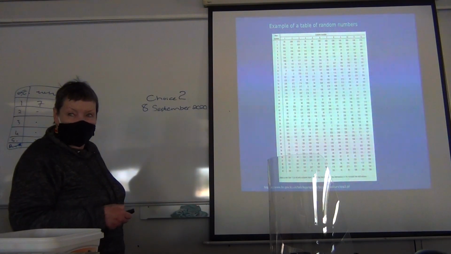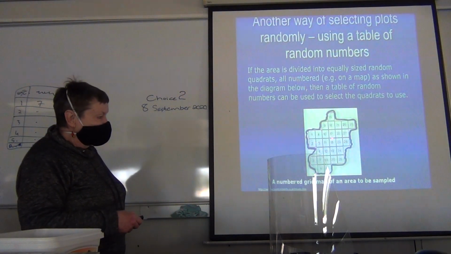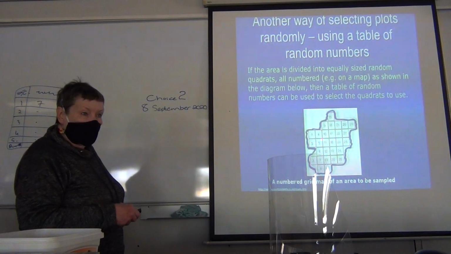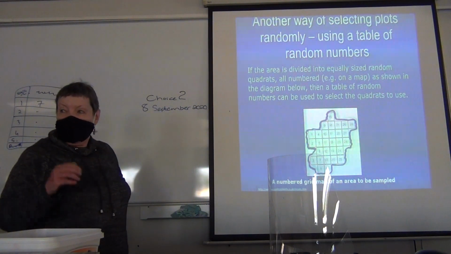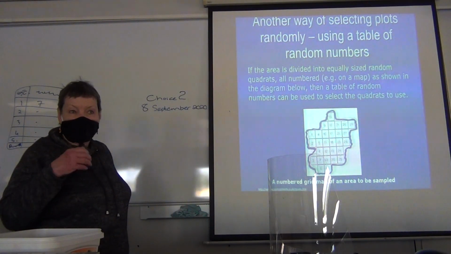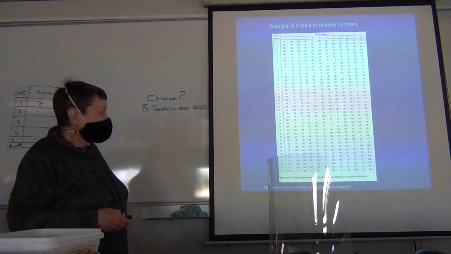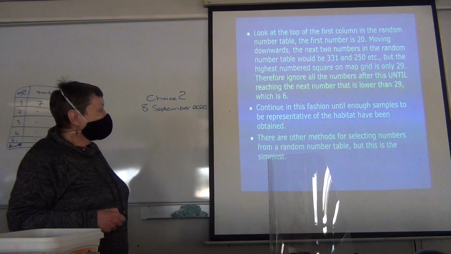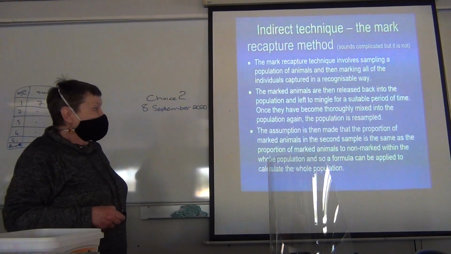Then you would use a GPS and find those 10 totally randomly chosen areas, and count the number of dandelion plants or whatever plants in those areas. Okay, that just explains how to use a table of random numbers.